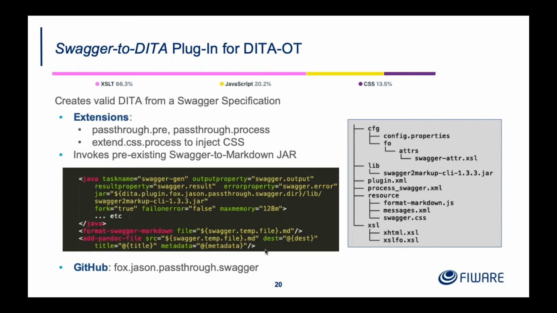Now, there are already tools which will take that file and create Markdown. Of course, this Markdown is not necessarily going to be of a quality that it is transformable directly to DITA. So we need to do a little bit of post-processing in order to get something out. So let's show an example of that one.